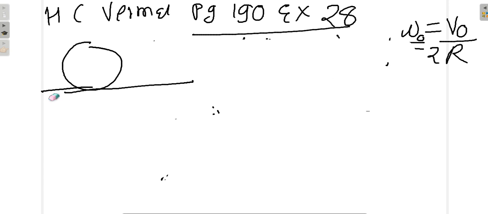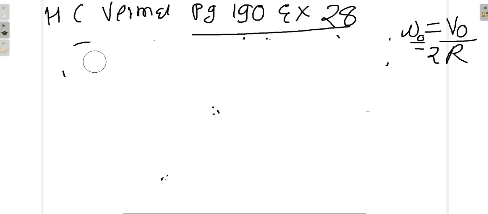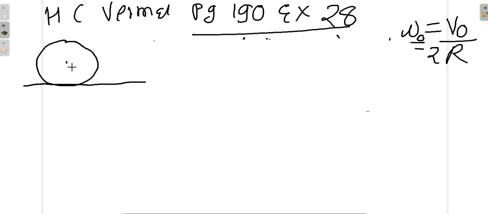Omega is less than desired, whereas v is more than desired. So I want to increase omega, I want to decrease v. Both of them must happen simultaneously. So, where will the force of friction act? I want to decrease v and I want to increase the value of omega. So the force of friction will act opposite to v naught.